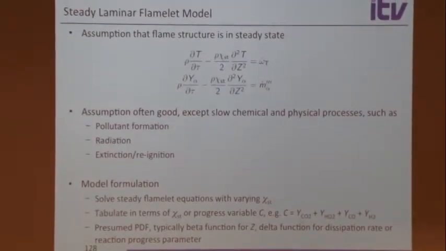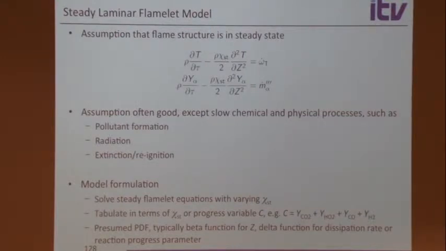So that was the unsteady flamelet model. Now the steady flamelet model, I want to show you an example for that also. For the steady flamelet model, you would assume the flame structure is in steady state. That is very, very often the case. And then you can neglect these two terms here. And now you see these depend on the boundary conditions.